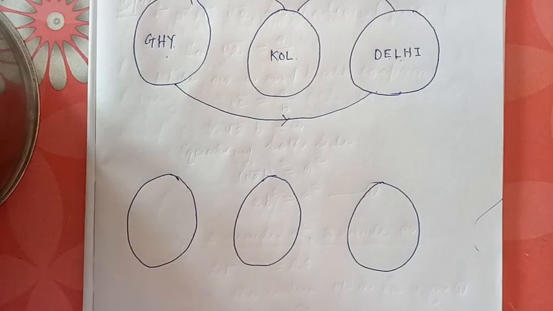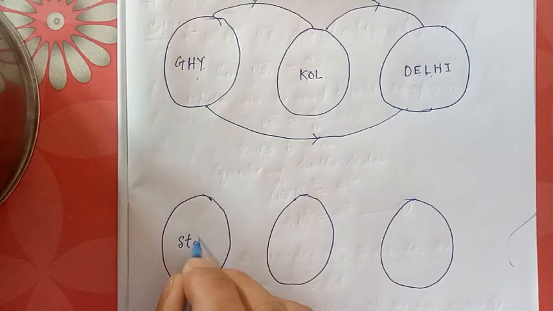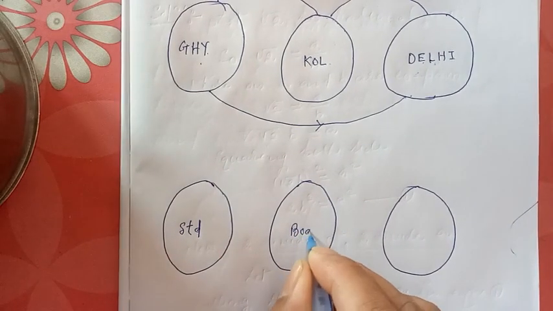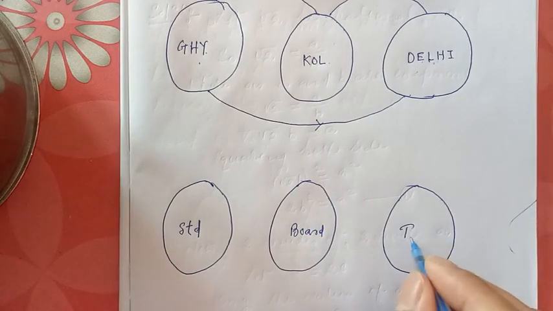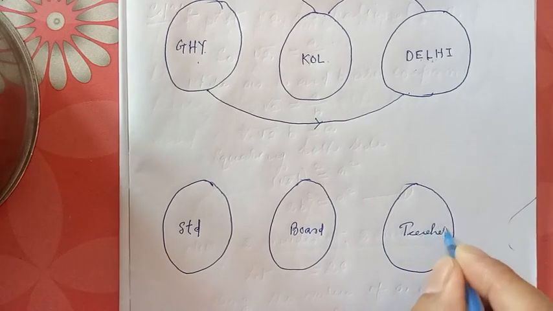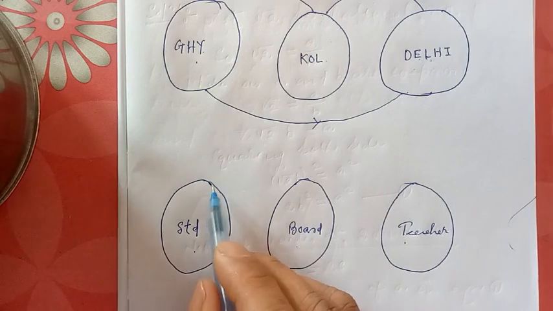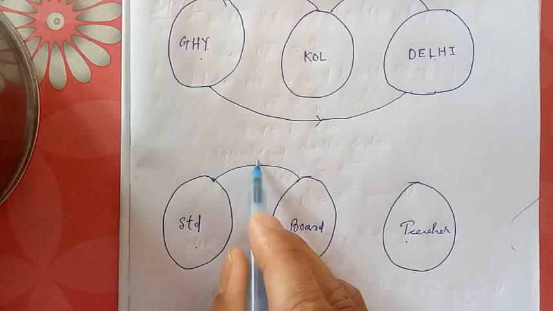One more example. Students are appearing in a board exam, and they are interested in their result. So I make three sets. The student giving the board exam submits their copy to the board.